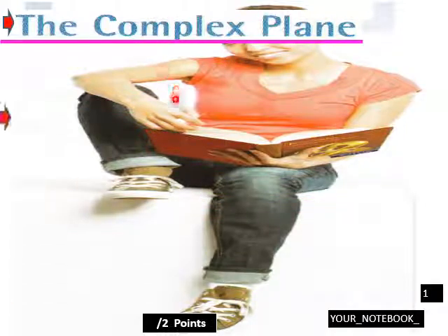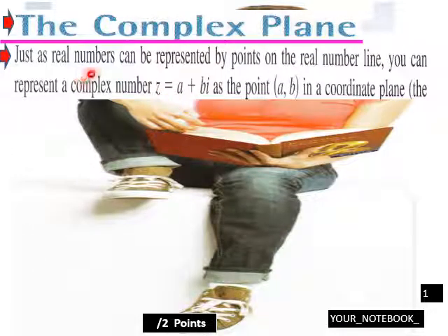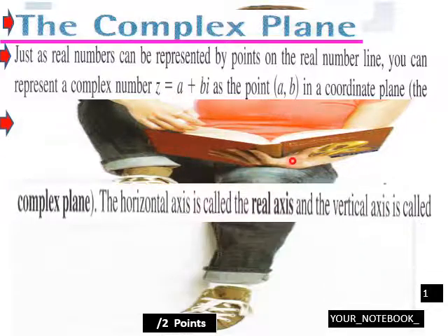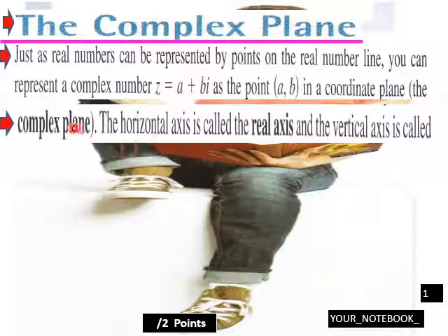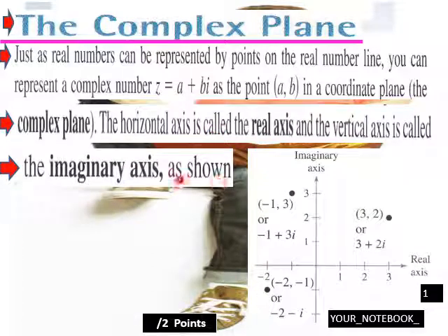The complex plane. Just as real numbers can be represented as points on the real number line, you can represent a complex number, z equals a plus bi, as a point (a, b) in a coordinate plane, the complex plane. The horizontal axis is called the real axis, so your horizontal is real, and the vertical axis is called the imaginary axis as shown.